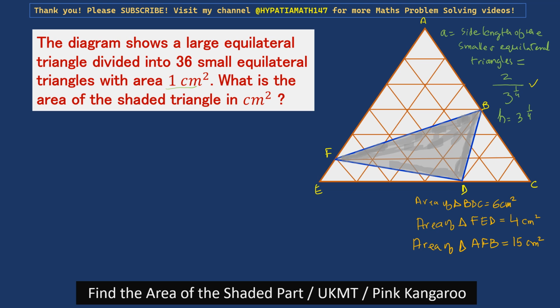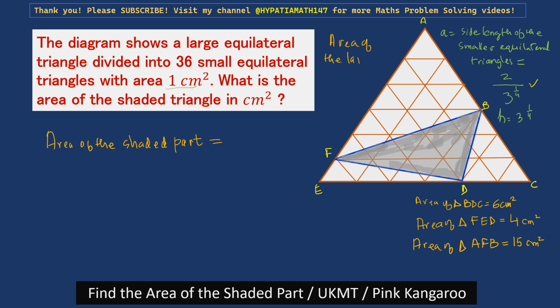So now finally the area of the shaded part would be equal to, so we have 36. The area of the large triangle equals 36 centimeters square. I didn't write that.